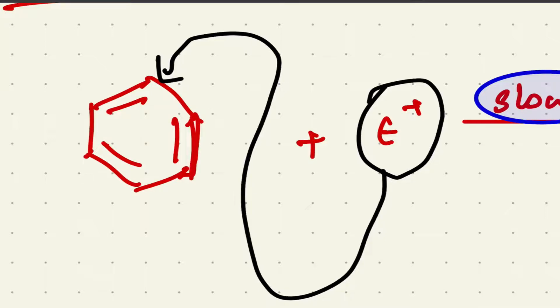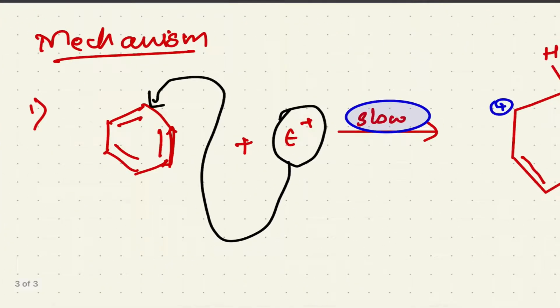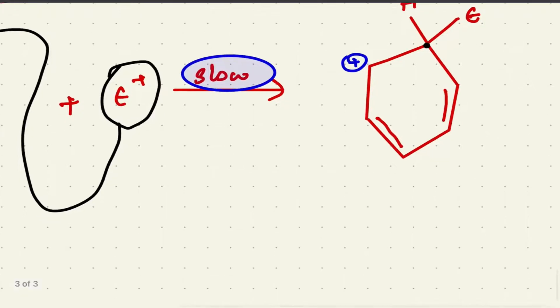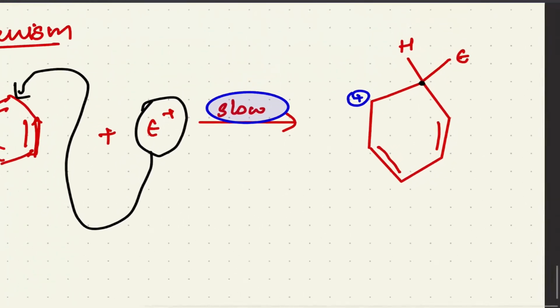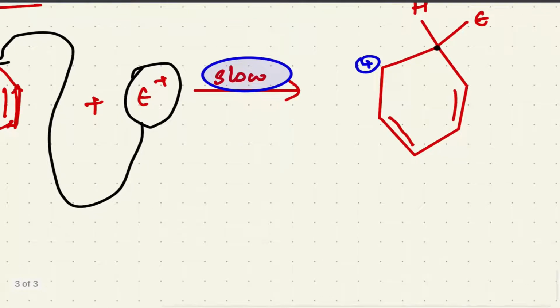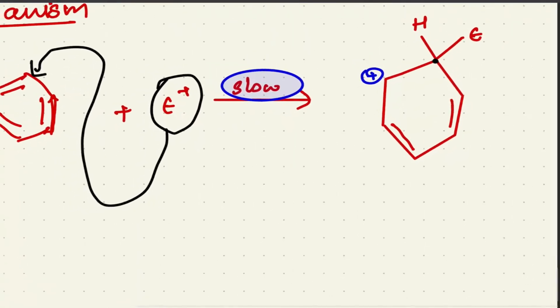I'm representing it as plus over here. This product can resonate. This is a kind of intermediate; I don't call it a transition state.